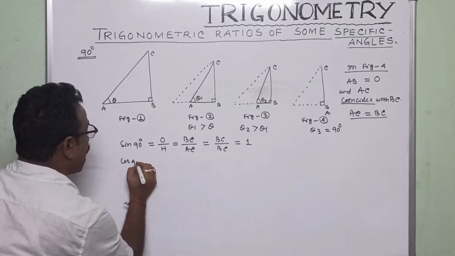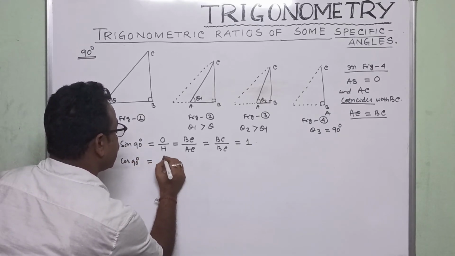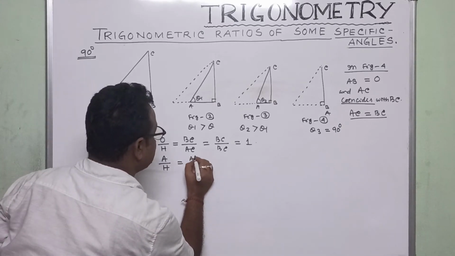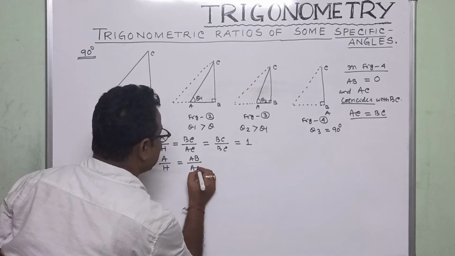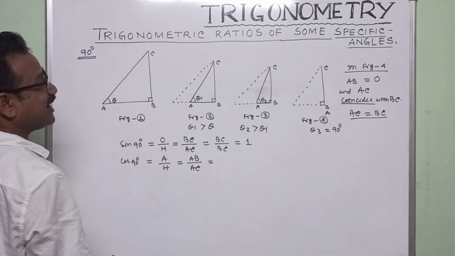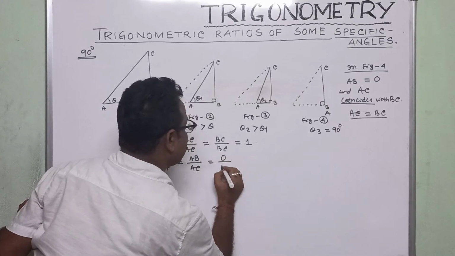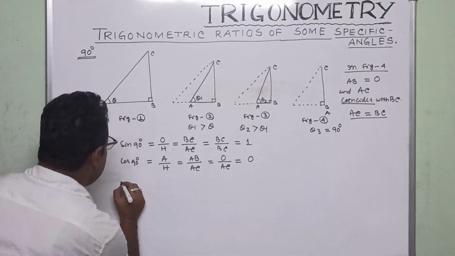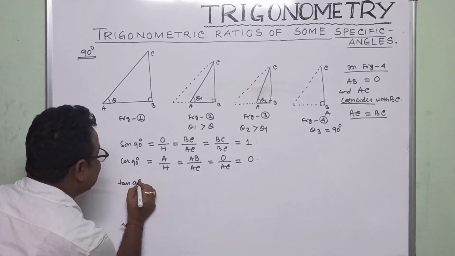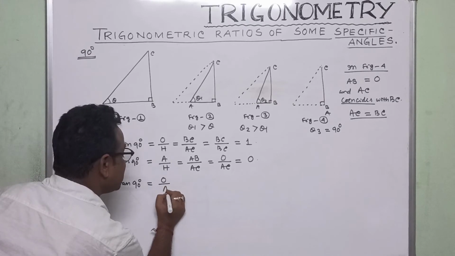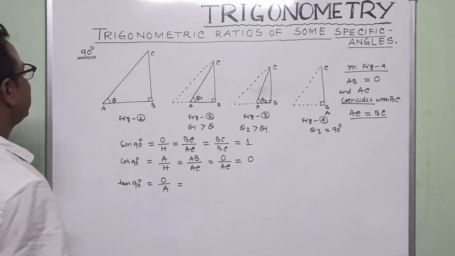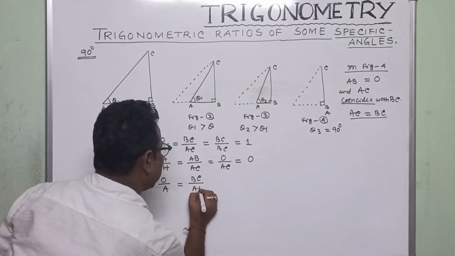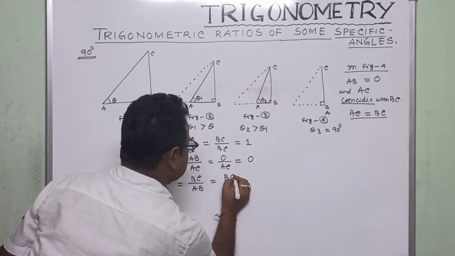Now cos 90 degree is equal to adjacent by hypotenuse, AB by AC. Now AB becomes 0, so 0 by AC is equal to 0. Now tan 90 degree is opposite by adjacent, BC by AB.